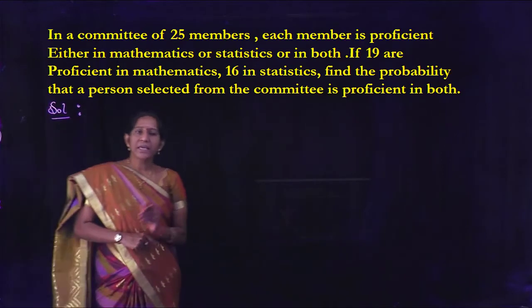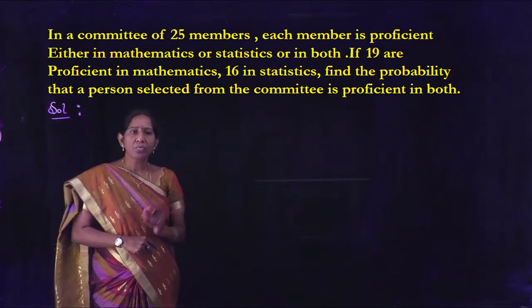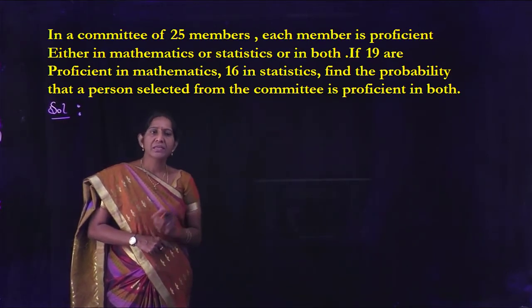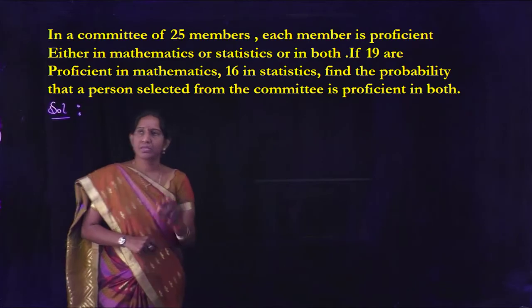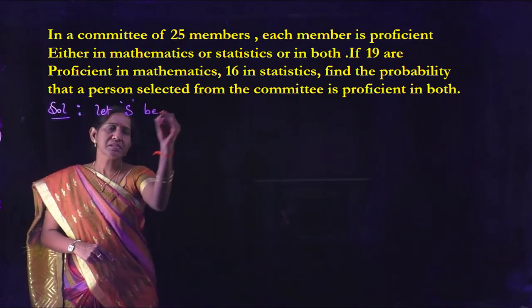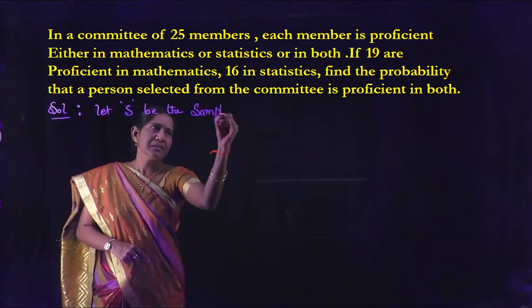In a committee, there are 25 members. Select a person out of 25 members. In how many ways? 25 C1. So, let S be the sample space.